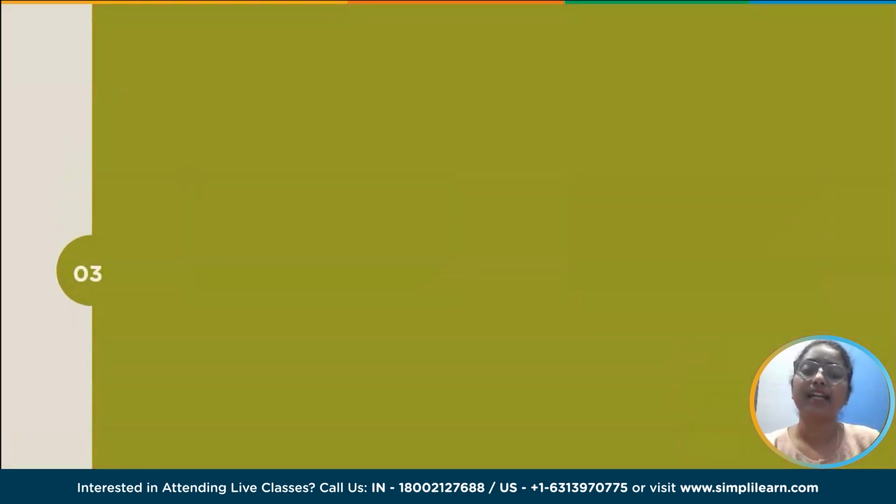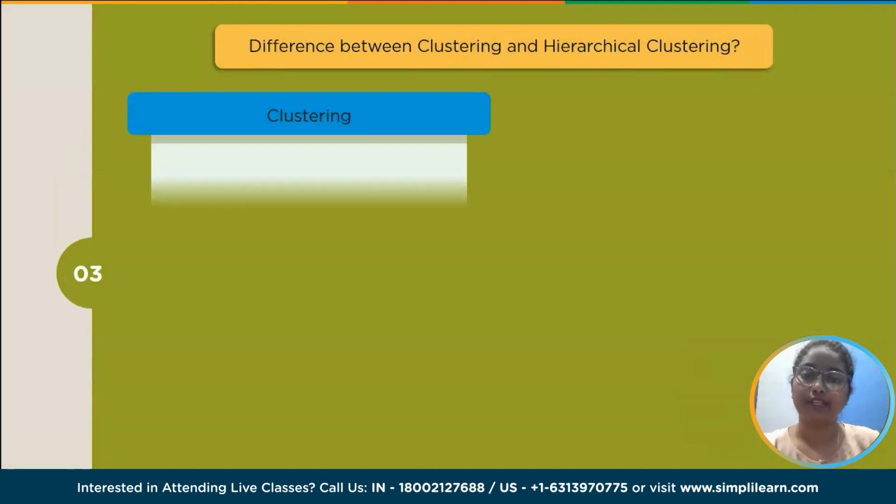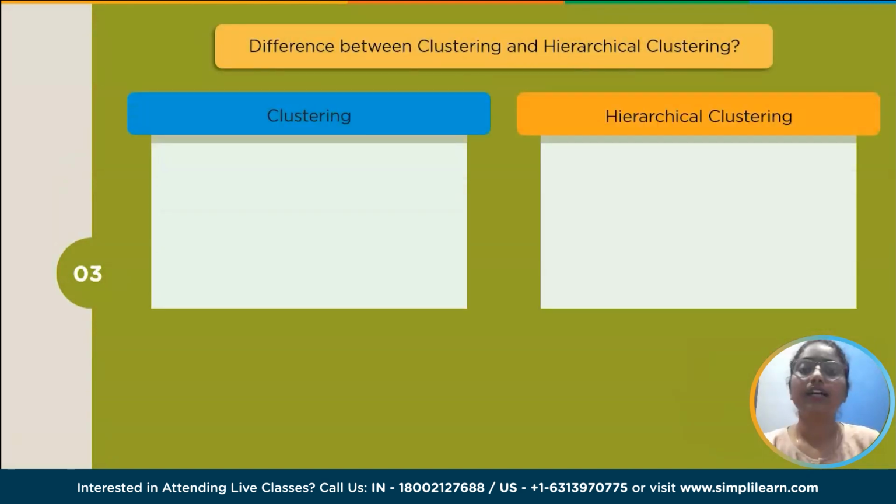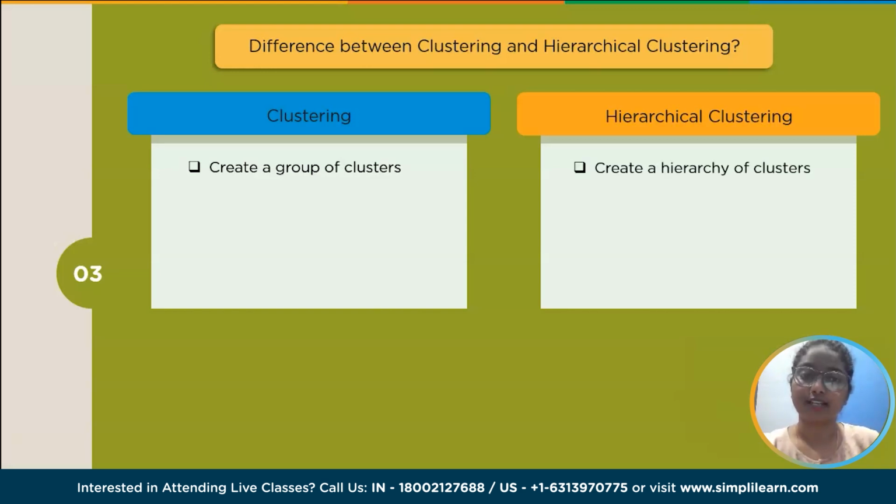We have gotten a basic understanding of clustering and hierarchical clustering. Now let's see the difference between clustering and hierarchical clustering. Clustering is a technique that involves grouping a set of data points into clusters based on their similar characteristics. Hierarchical clustering is a specific clustering algorithm that creates a hierarchy of clusters.